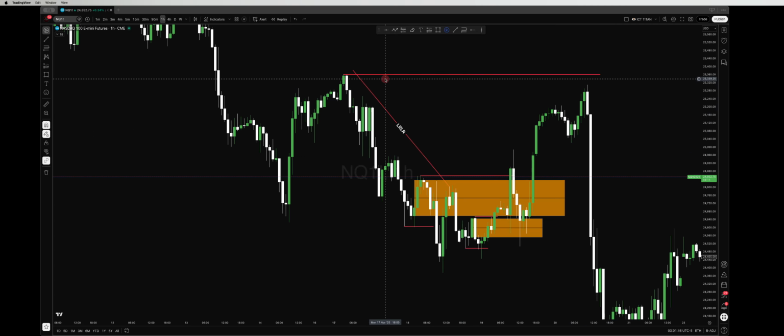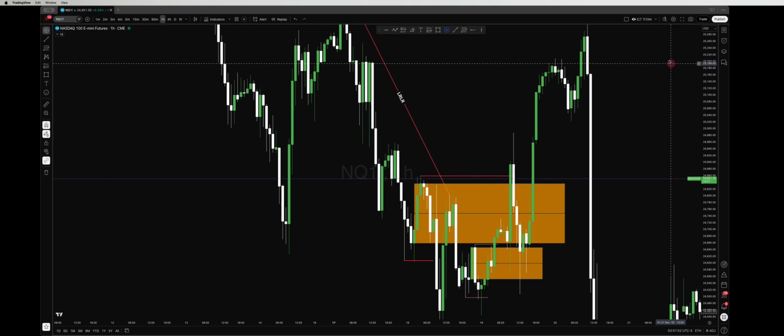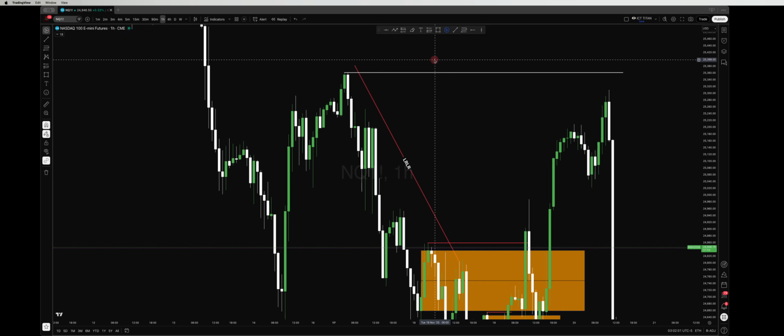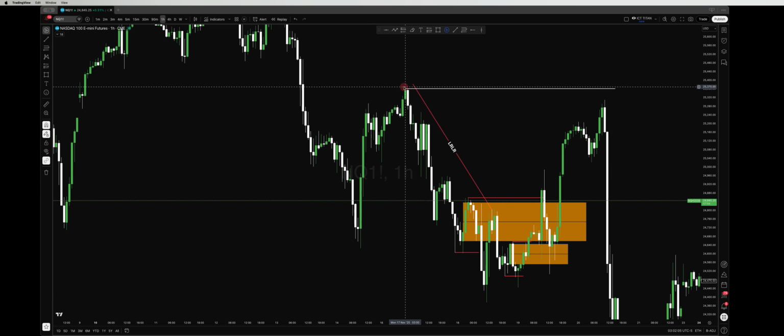See that move? So even with the equal highs above here, these two candles, price could not reach up to there. So what is the case here?